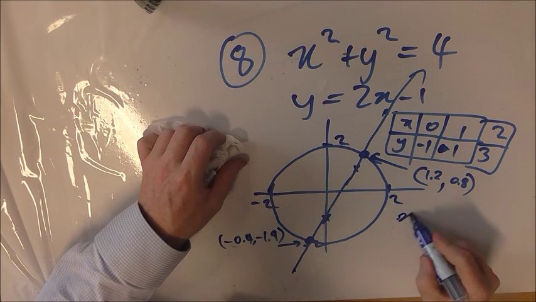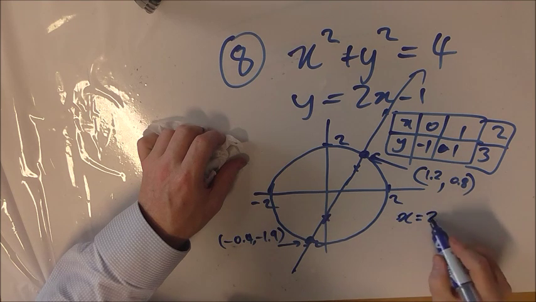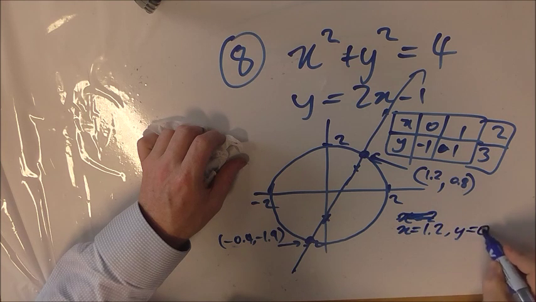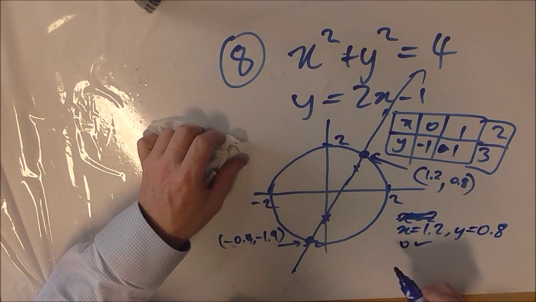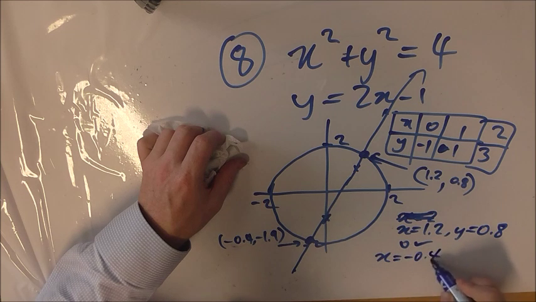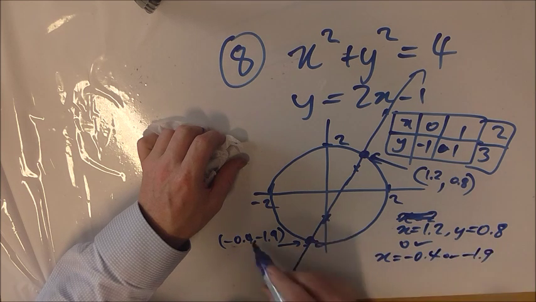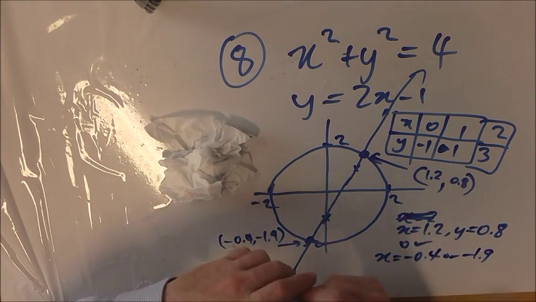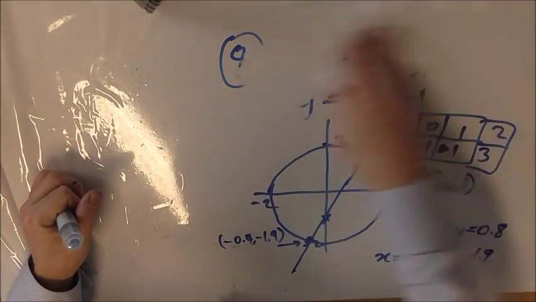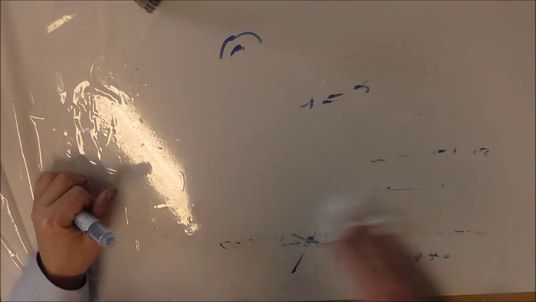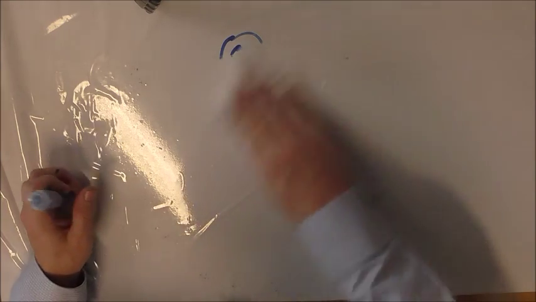So your actual answers are x equals 1.2, y equals 0.8, or x equals negative 0.4, y equals negative 1.9. They're just pure estimations. The mark scheme will give you permission to get them slightly out. So that's question 8.